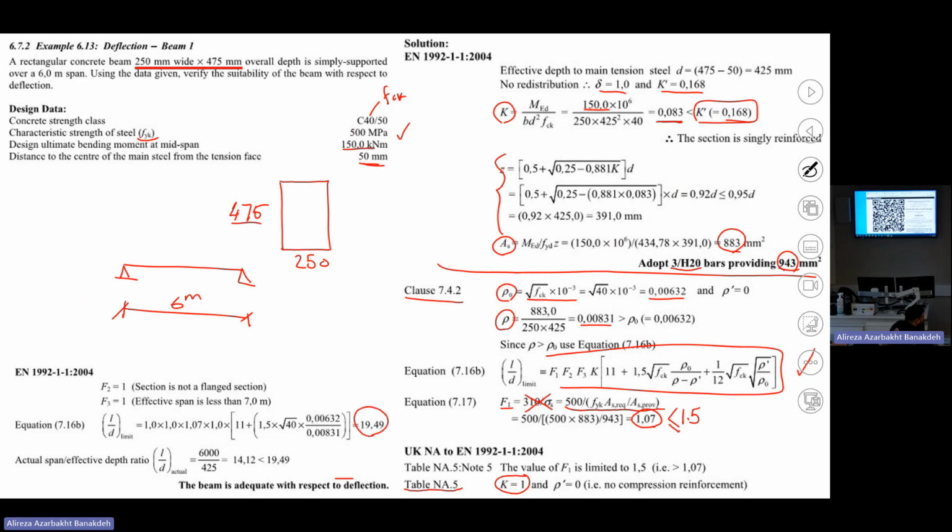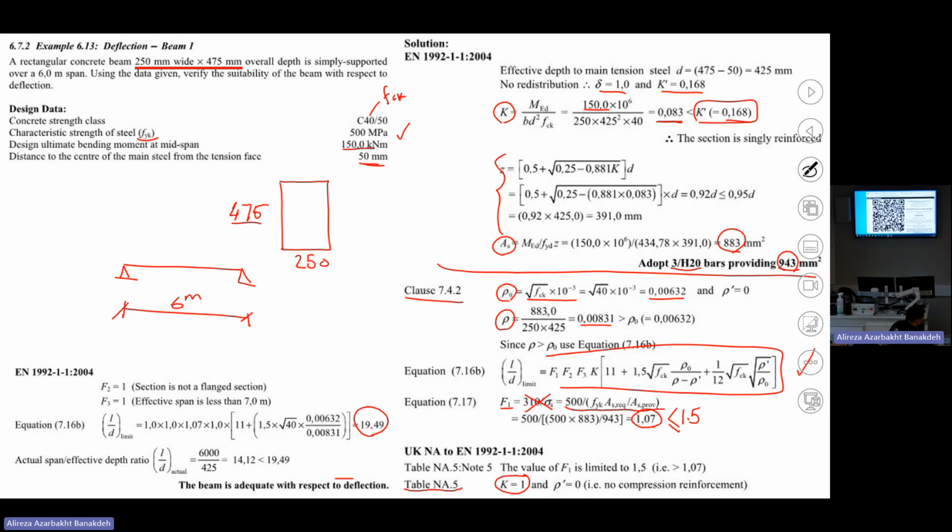All right? You have all the parameters. If you run the numbers, you will get 19.49. It means that if your L effective over D, in your case, is less than this, you're fine. If it's not, you're not fine.